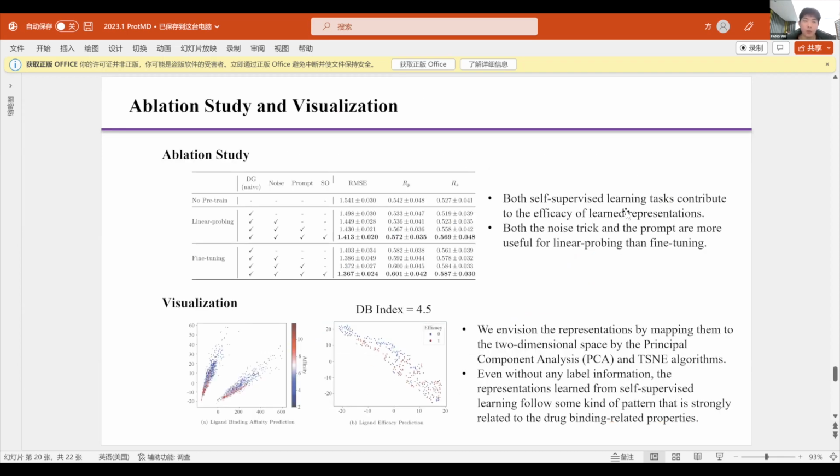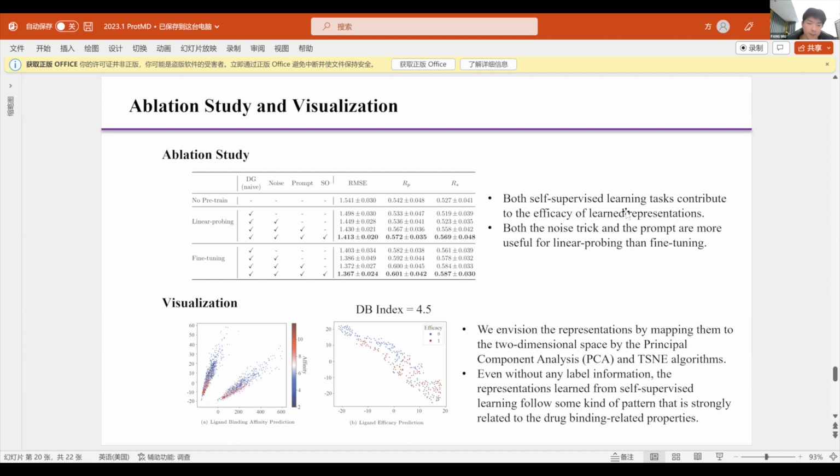At last, I want to show the ablation study and visualization of our model. It can be observed that both self-supervised learning tasks contribute to the efficacy of learned representations, and the noise check and the prompt check are very useful for linear probing than fine-tuning.